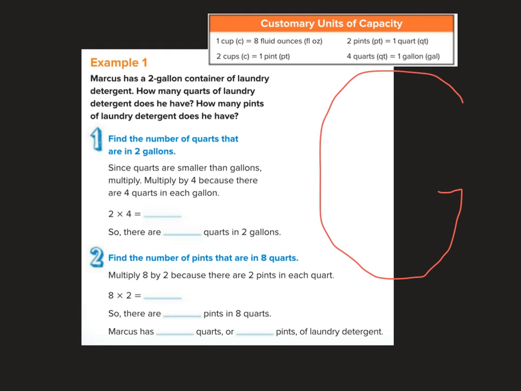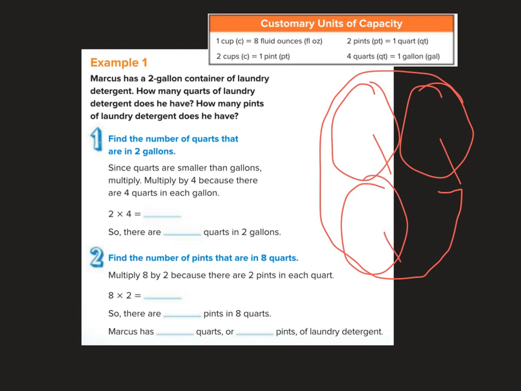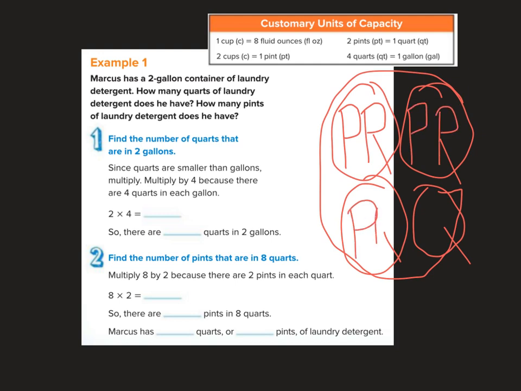Inside our big G gallon, we have 4 quarts. And then inside each quart, we have 2 pints.